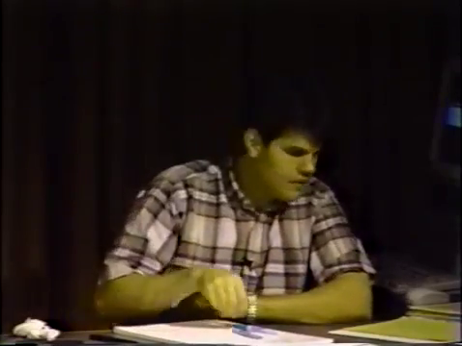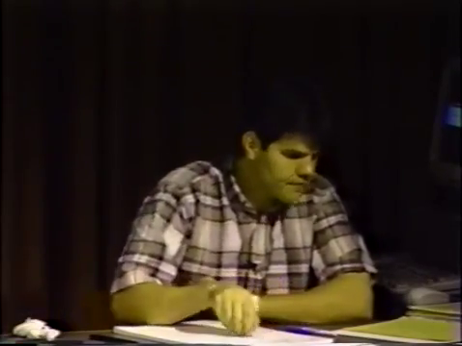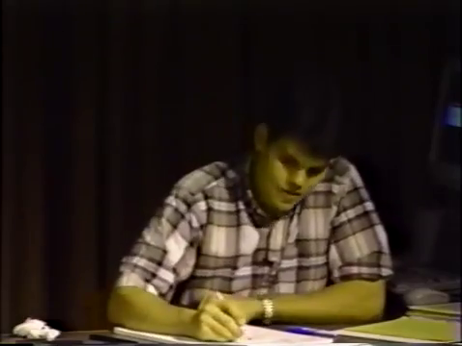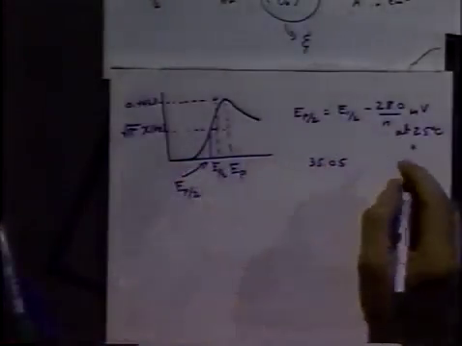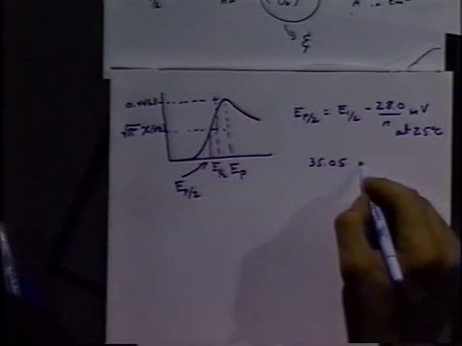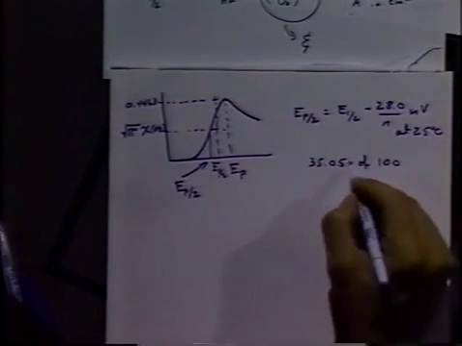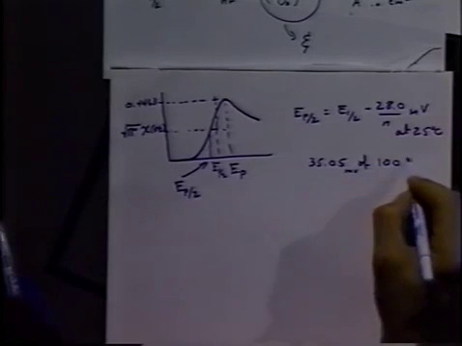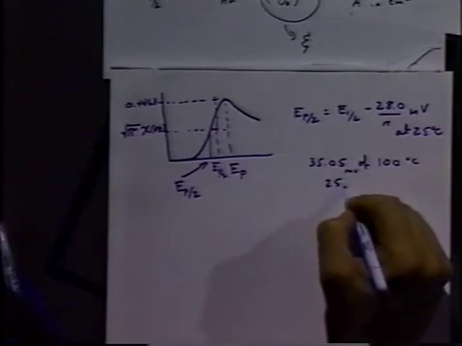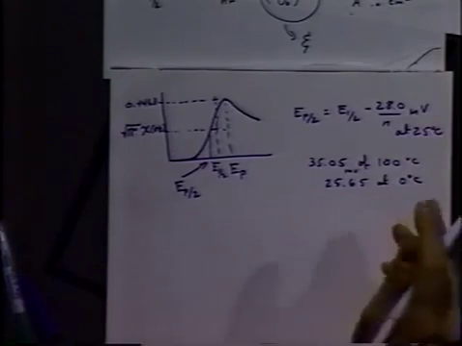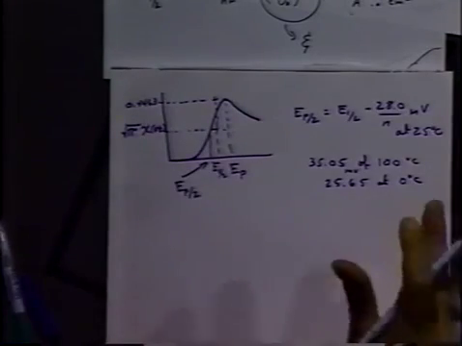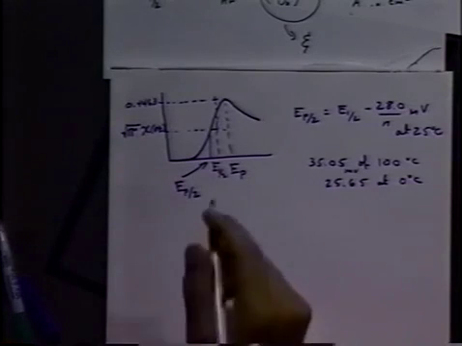Well, in fact, it's just a temperature effect, and it still can be reversible even at low temperatures. So this value is, for example, 35 millivolts at 100 degrees C and 25.65 at 0 degrees C. So you can see how much those change. It's not insignificant amounts.